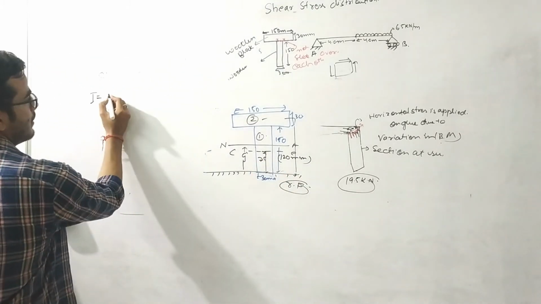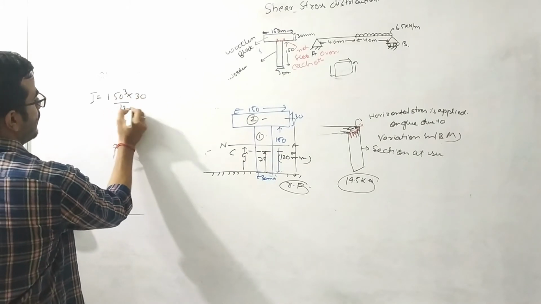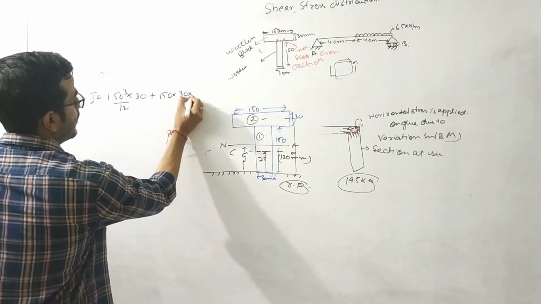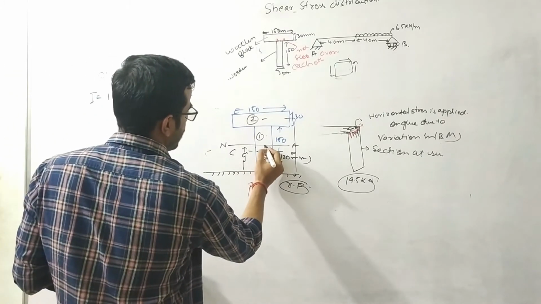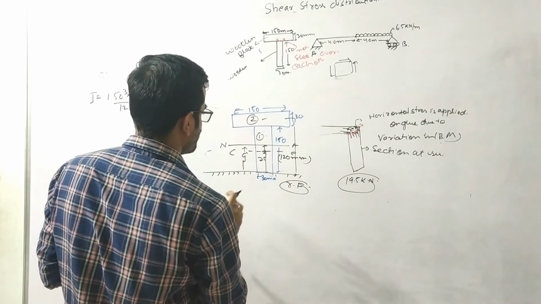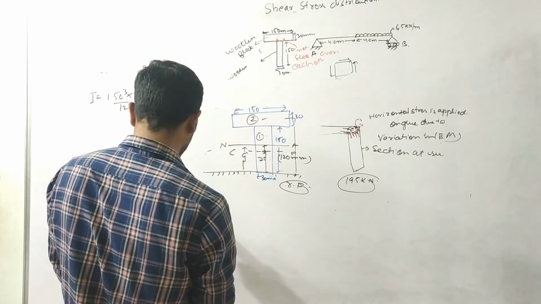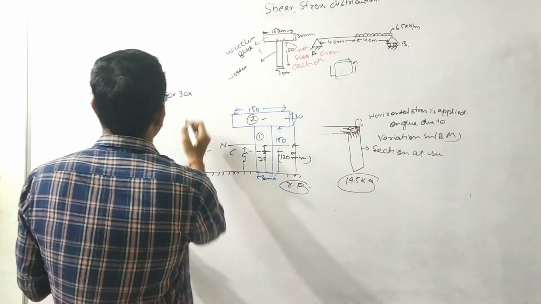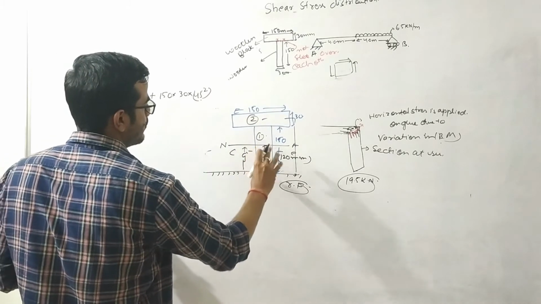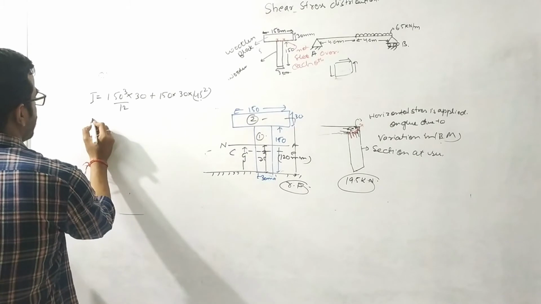So my moment of inertia will be 150 into 30 cube divided by 12 plus A d square. The area is 150 into 30, and the gap between the centroidal axis and the neutral axis is 120 minus 75, which is 45, whole square. You should know how to calculate the moment of inertia about a centroidal axis; I'm not discussing that formula here.